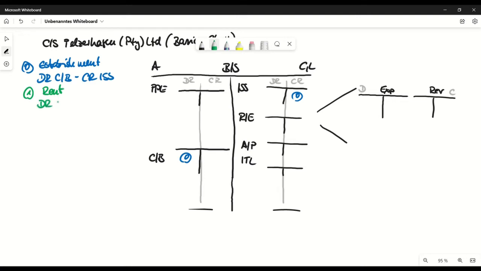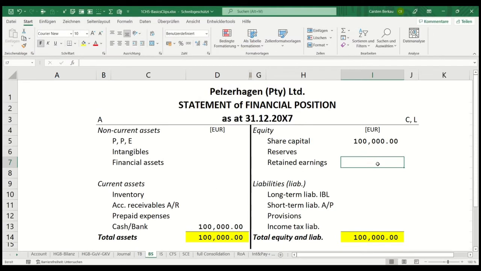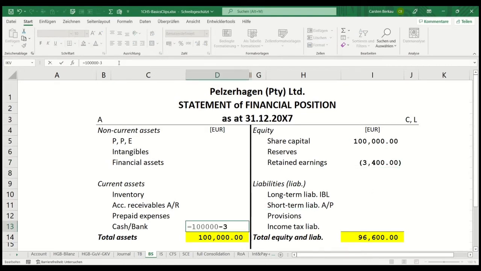We make a debit entry in the rent account, which is an expense account, and we credit cash bank. For rent, I make a debit entry in the retained earnings account. As retained earnings is on the credit side, I have to record it as a negative figure to the extent of 3,400. And I deduct on the asset side 3,400 as well.